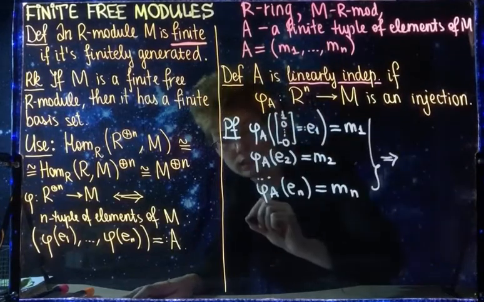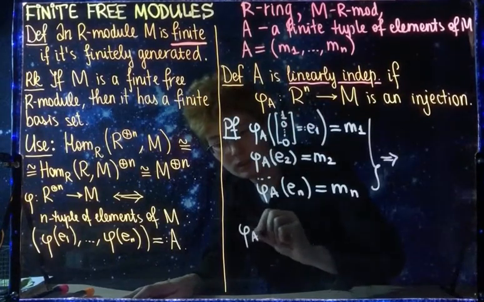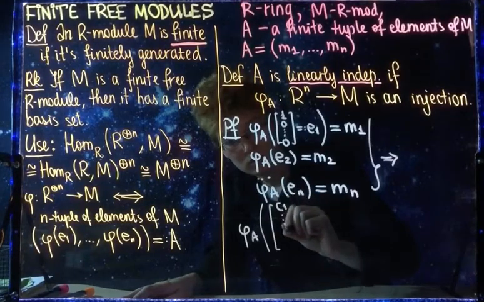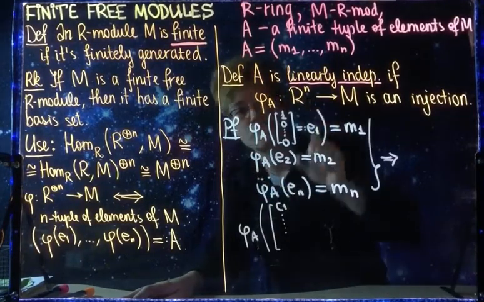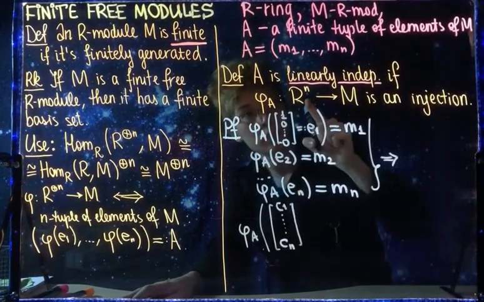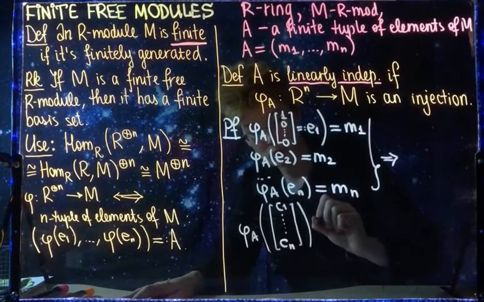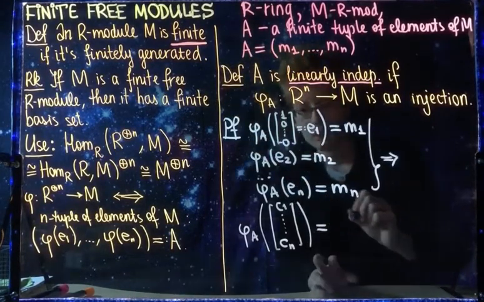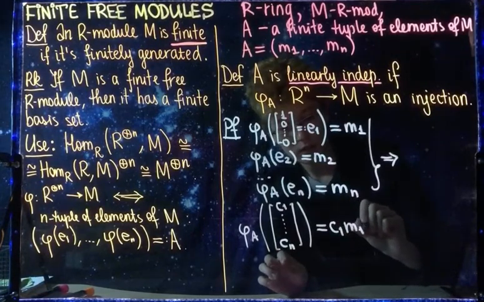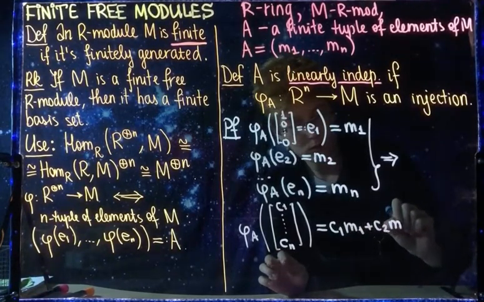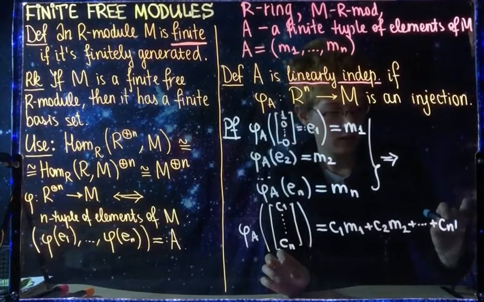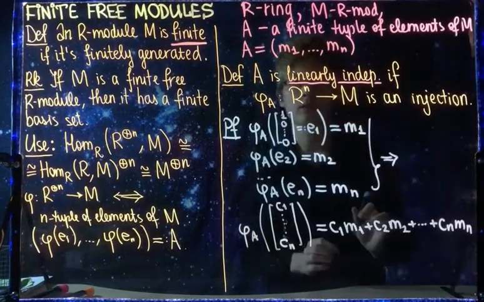So if I have some arbitrary tuple of scalars from R, c1 through cn, in this R^n module, then phi A applied to this tuple will be c1 m1 plus c2 m2 plus etc. cn mn.